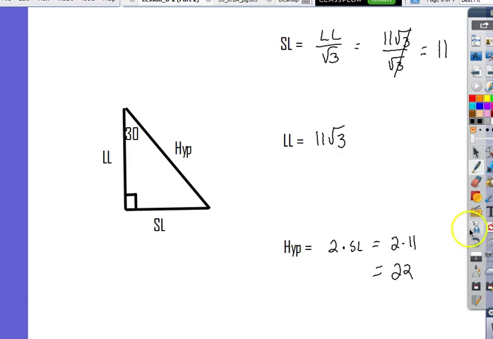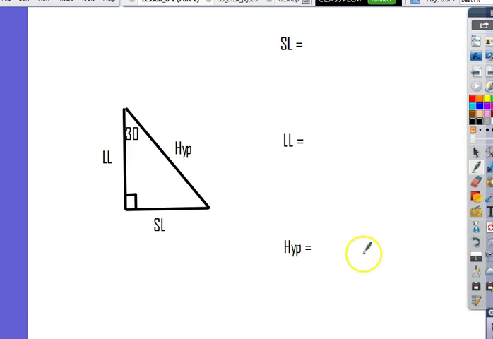All right, what about this problem? Let's say that you have the shorter leg, and the shorter leg is 3 square root of 2. Go ahead and find the longer leg and the hypotenuse. All right, we started out with the shorter leg, so we can go straight to longer leg and hypotenuse. The longer leg is the shorter leg times the square root of 3. So that would be 3 root 2 times root 3.